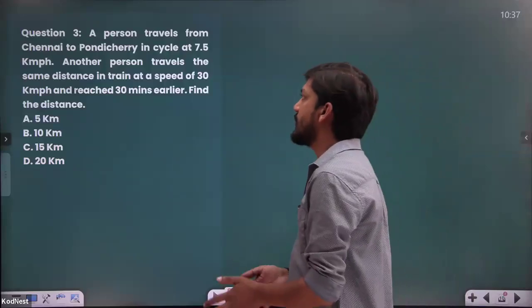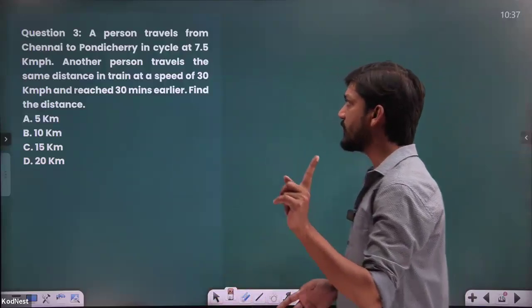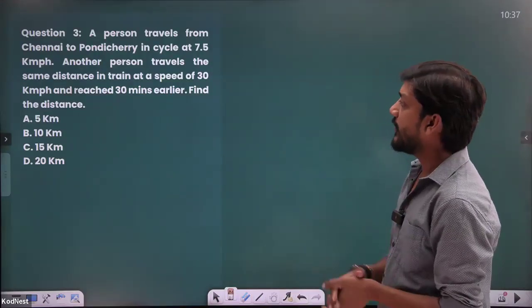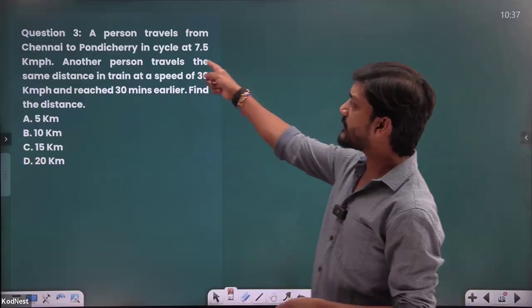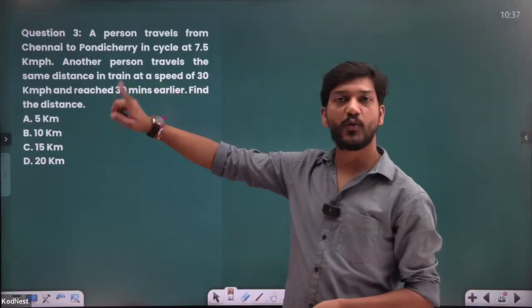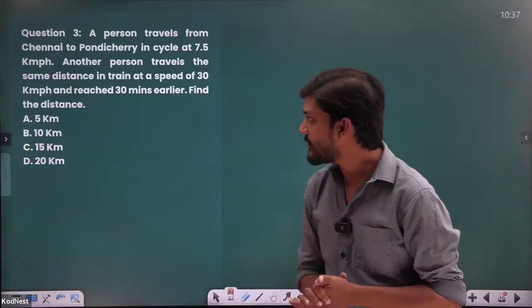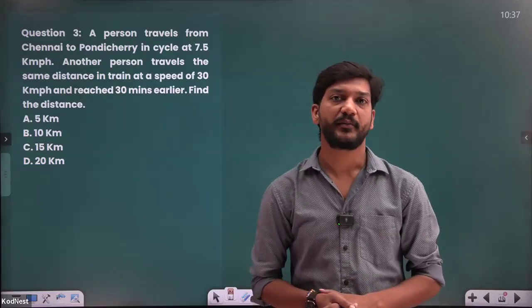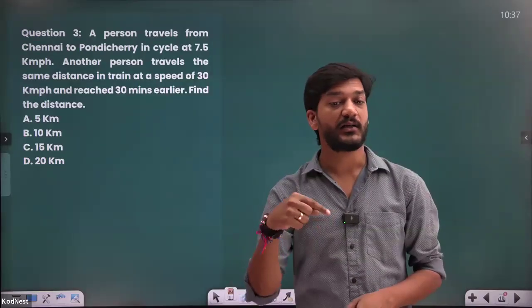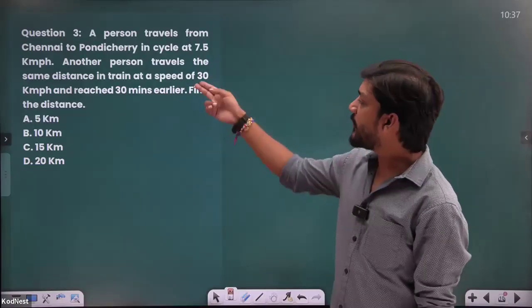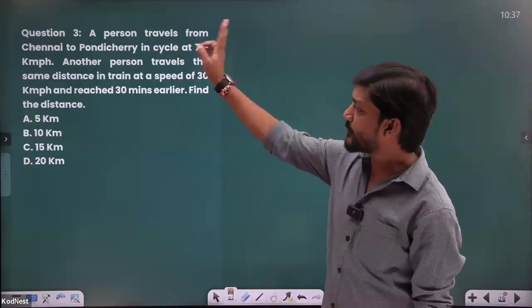All right. Chennai to Pondicherry, one person traveling on cycle. Another person travels the same distance, that means Chennai to Pondicherry again, at the speed of 30 kmph and reaches 30 minutes earlier than the first person.